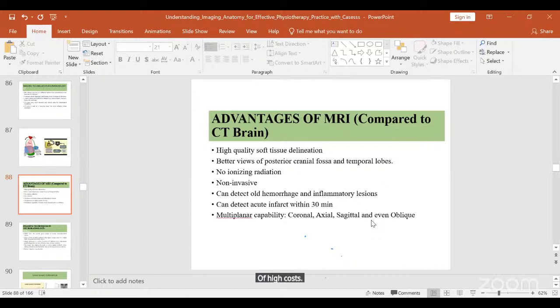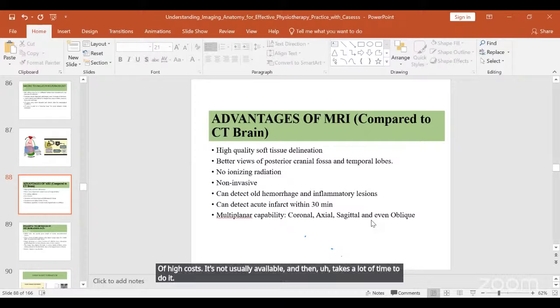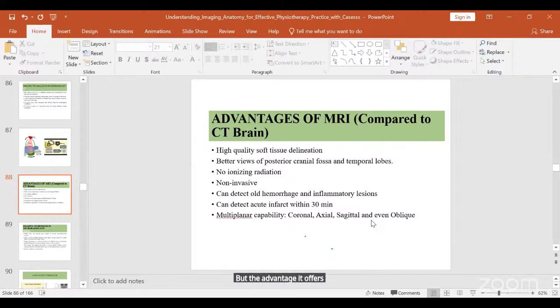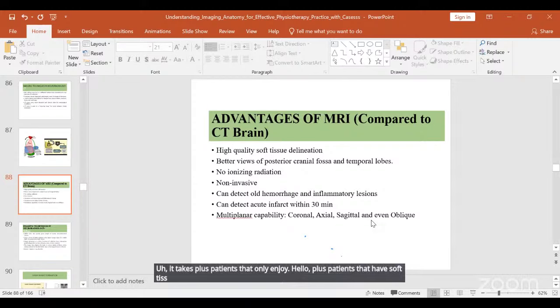It's not usually available, and it takes a lot of time to do. But the advantage it offers over other imaging modalities is that it doesn't use any radiation, so we don't have concern about using MRI. The only concern we have is the affordability and the long time it takes. Plus, patients that have soft tissue problems will benefit from it.